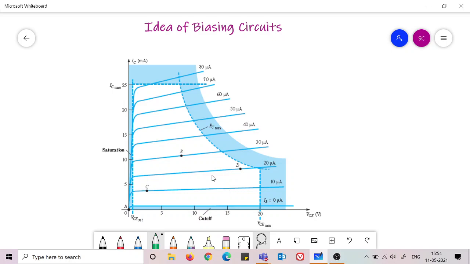And there is also another reason. When we want to have it in the active region, we are trying to amplify a signal, so that signal will have some region of expansion. Suppose it is a voltage signal, around 8.